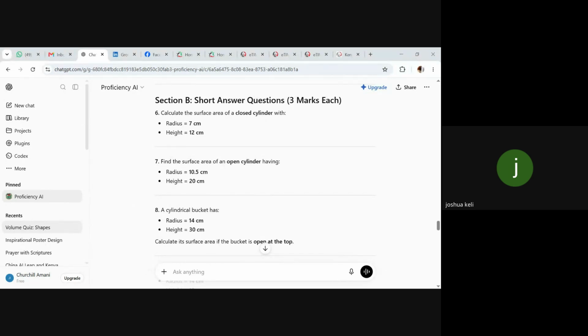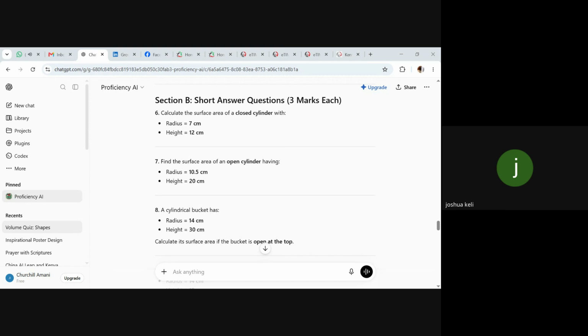Hapa tunaambiwa the cylinder is open, so the hole is open with a radius of 10.5 centimeters and the height of 20 centimeters. So the formula of finding the surface area of an open cylinder is pi r squared plus 2 pi r height. So we say 22/7 times radius, which is 10.5 times 10.5, plus 2 pi r height, which is the area of the curved surface.